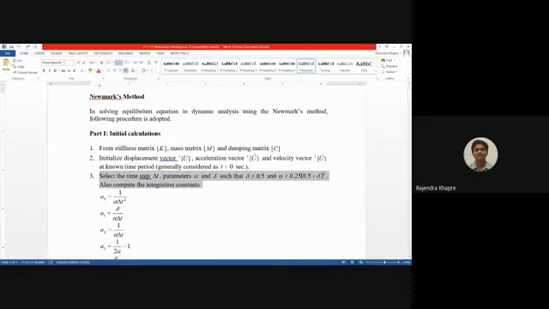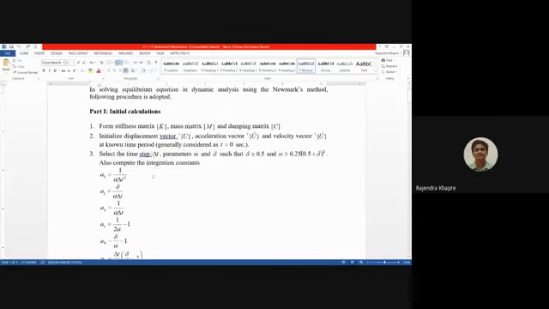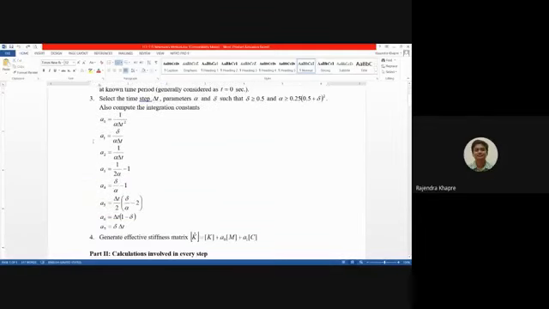Based on the values of alpha, delta, and delta t, you will get the integration constants, ranging from a0 to a7, so a total of 8 integration constants in the Newmark method. You have to calculate these values based on the formulas given to you.